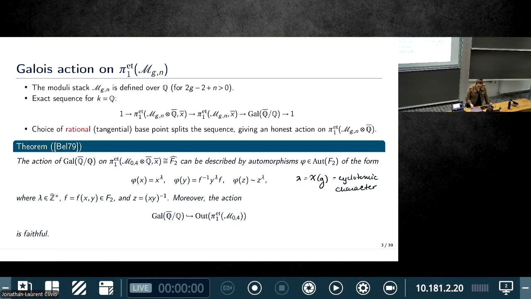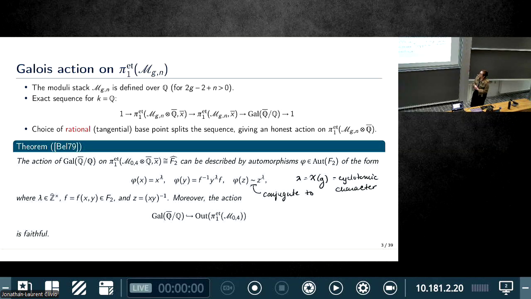And then z, which is x times y inverse, is sent to a conjugate. It just saves a little bit of notation. So we know that the absolute Galois group acts on the free group F in a completely determined way.